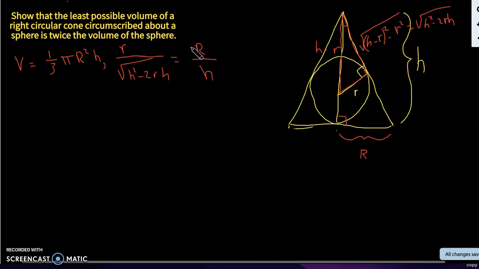Okay, so that gives us this equation here, which we can get R squared from, and then put that R squared in over here to get our volume as a function of a single variable, which is what we want.